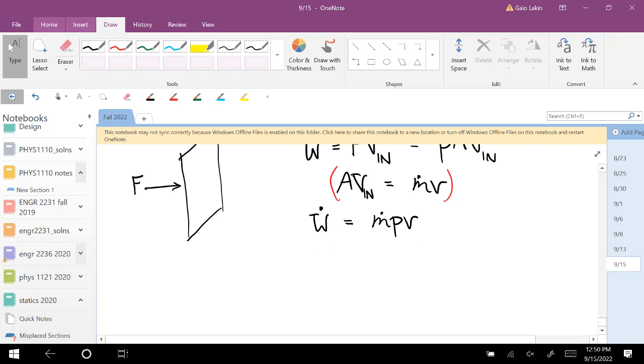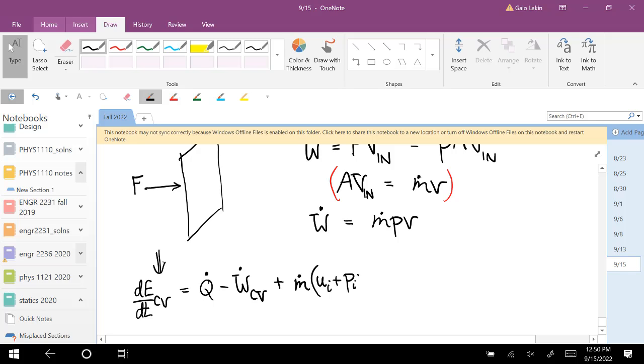And if you put all that together, it gives you the time rate of change of the energy in the control volume is equal to Q dot minus the rate of work done by the control volume, plus m dot times the quantity, u at the inlet, specific internal energy, plus P times V at the inlet.